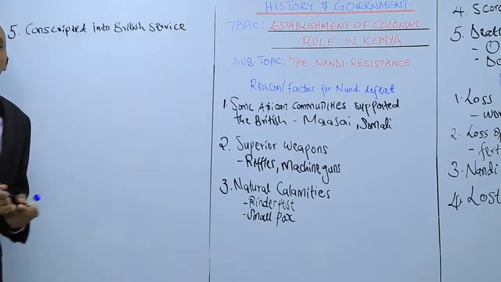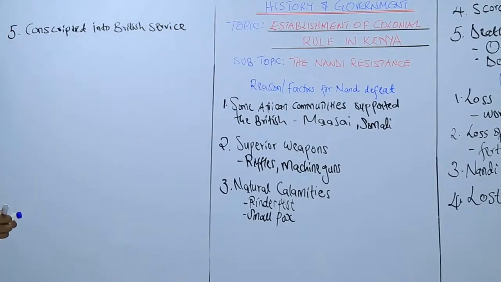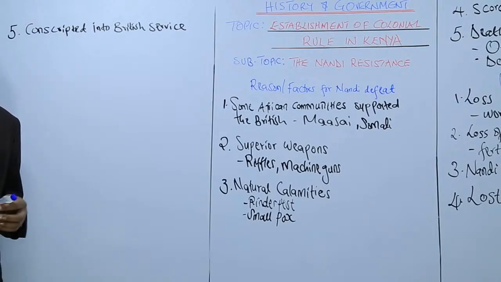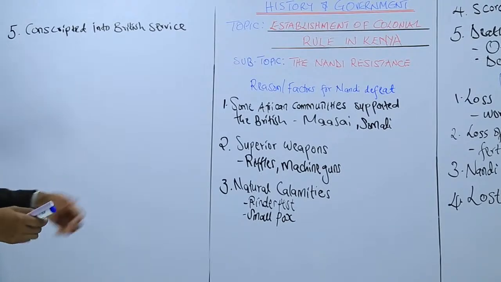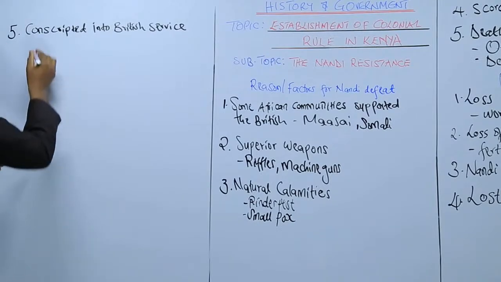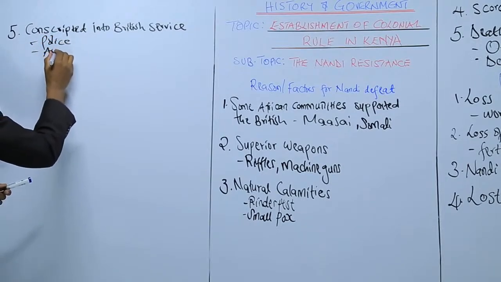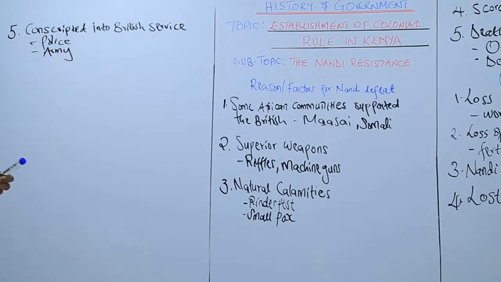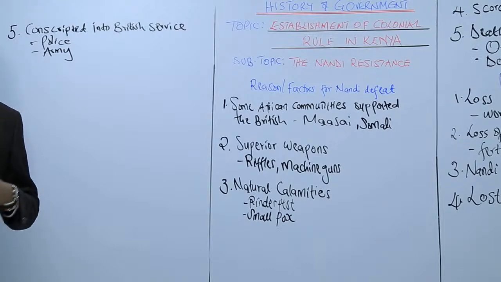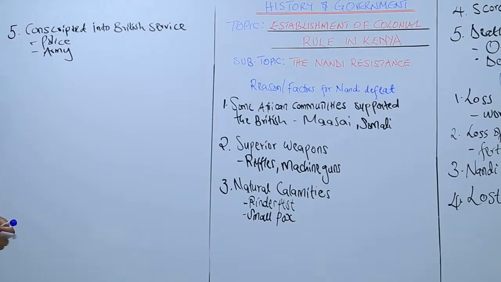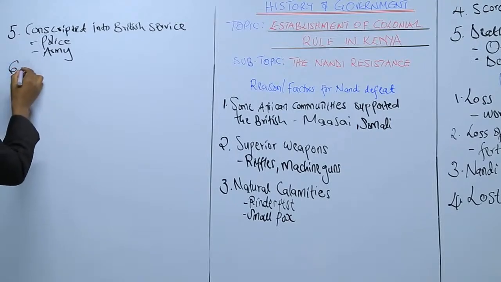Because of their military skills and their ruthlessness, the British conscripted, or forced, the Nandi warriors to work as policemen and also to join the army. So they were now working under the British government.